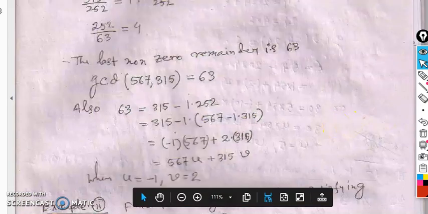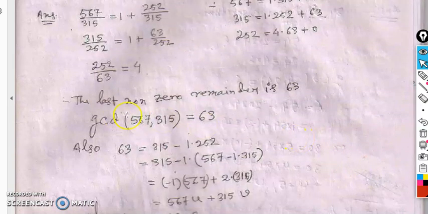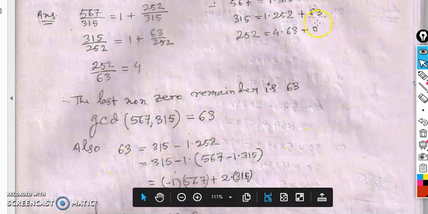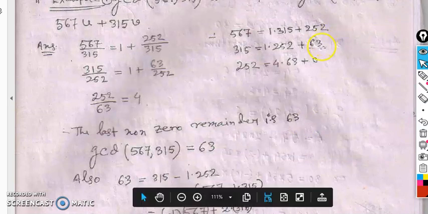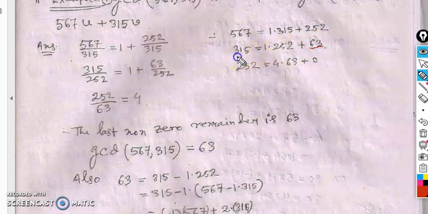You start from the end position, that is 63. 63 should be written as 315 minus 1 into 252. Next we put the previous remainder value in terms of this: 252 equals 567 minus 1 into 315. And we just make a calculation here.